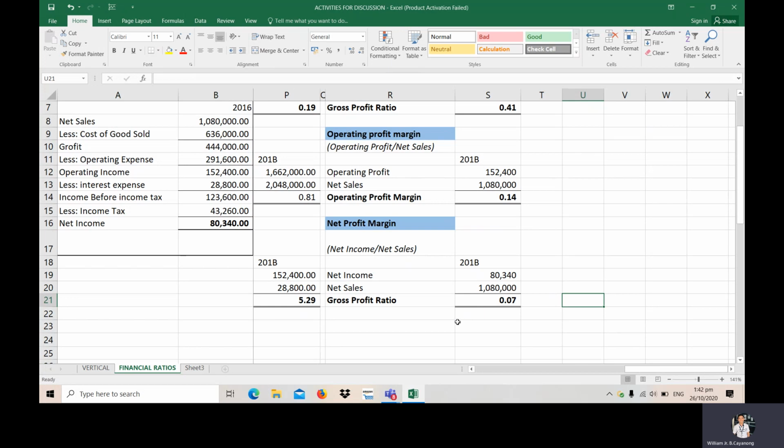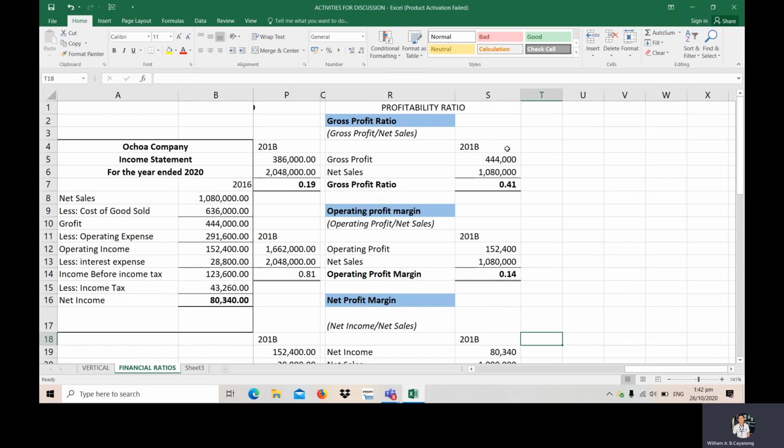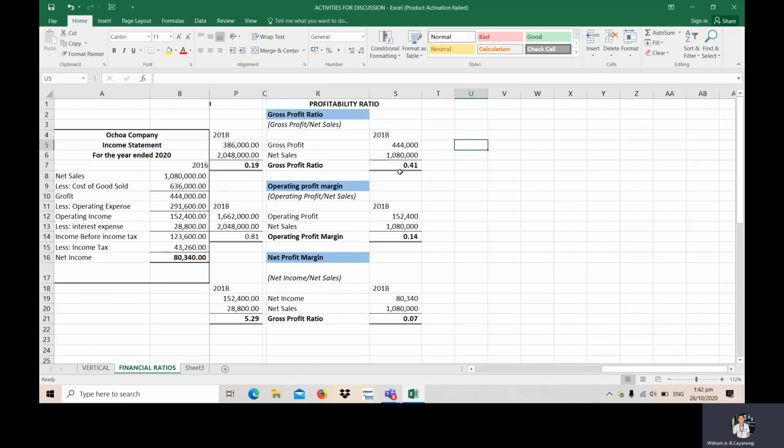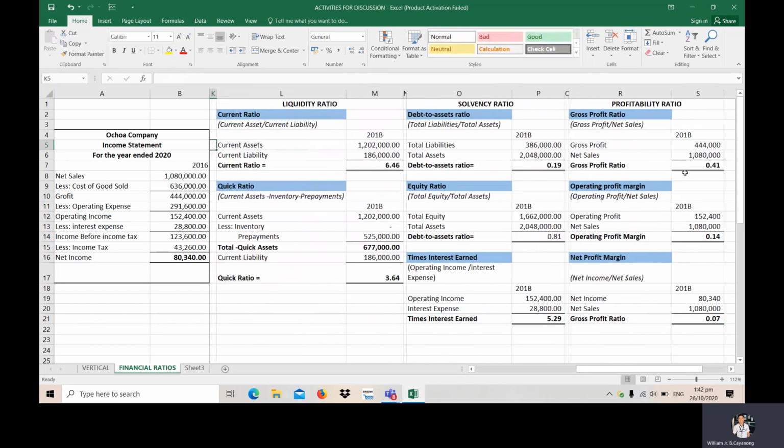So the challenge here is the company must be wise in utilizing their resources or spending their expenses. So they should minimize them. So that's how you analyze financial ratios. There you have it. I hope that you understand the meaning or the message of these ratios.